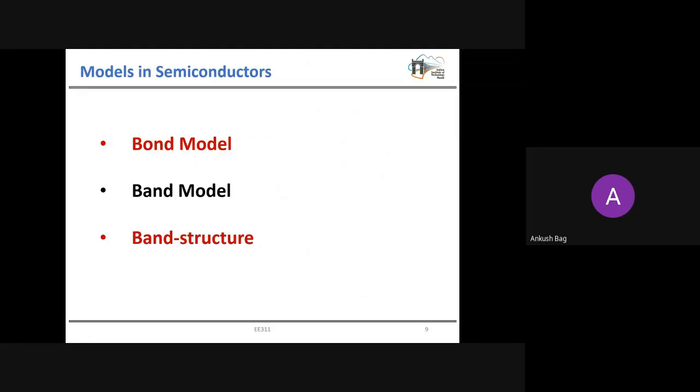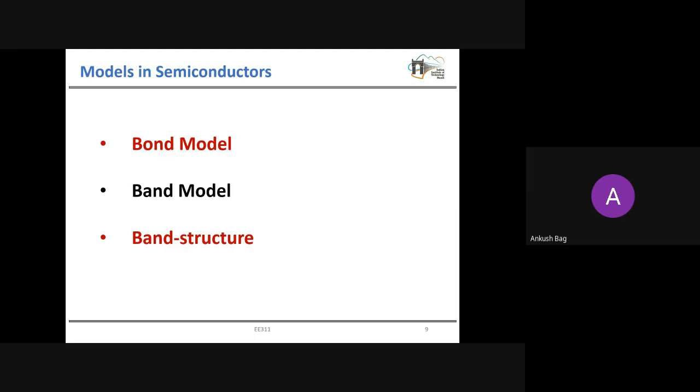We discussed the bond model. To discuss any semiconductor problem, we need to take three approaches: one is the bond model, then the band model, and then the most detailed semiconductor behavior we can understand using the band structure. Primarily we saw the bond model.